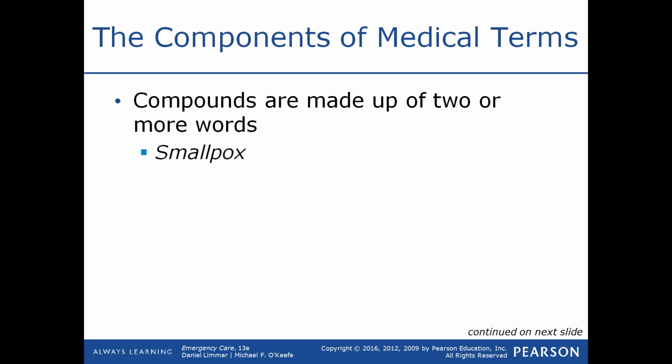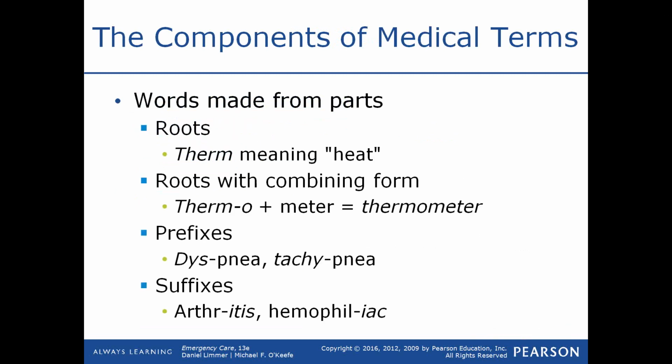So the components of medical terms: compounds are made up of two or more words. So compounds are part of medical terms, like small and pox. Pox we know is a raised little red rash, and small would indicate its size. So compounds can be made up of two words.